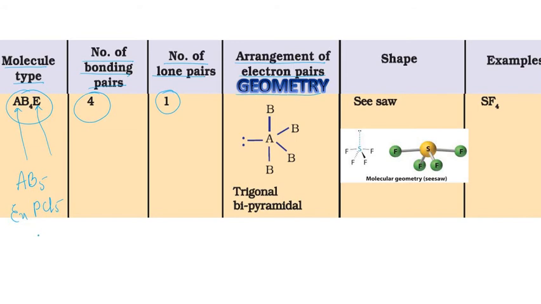Phosphorus pentachloride has sp3d hybridization, and we have already learned that its geometry is trigonal bipyramidal without lone pairs. Here we have one lone pair, which is the type AB4E.